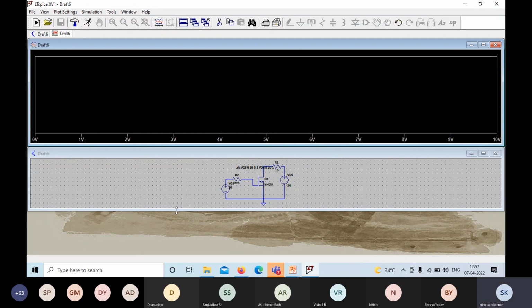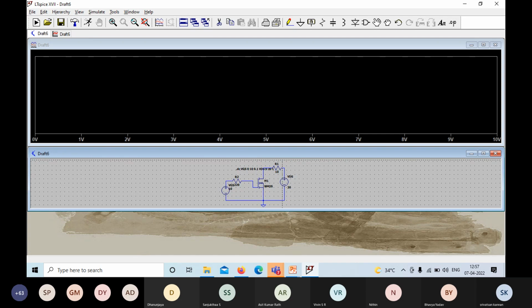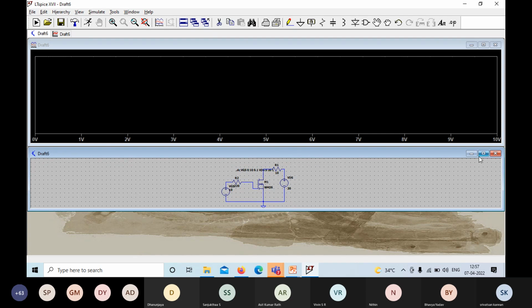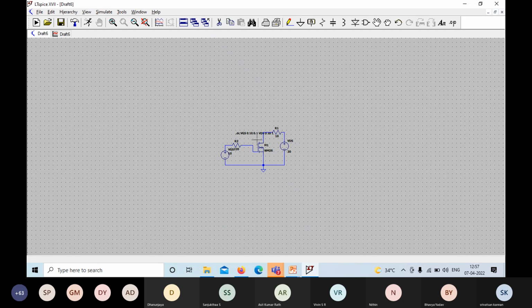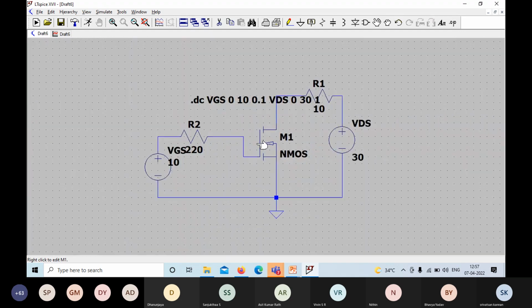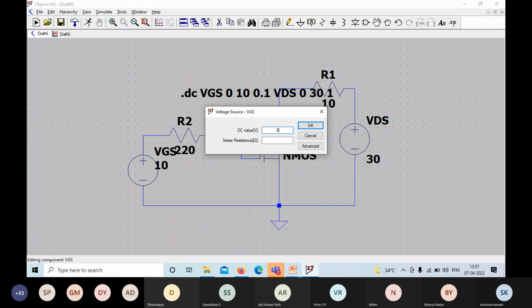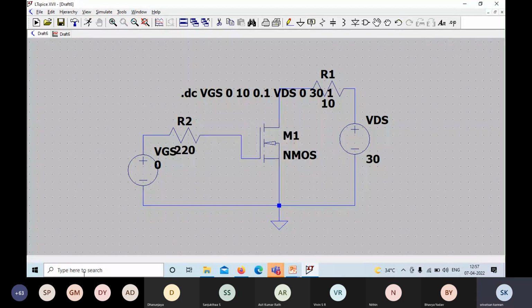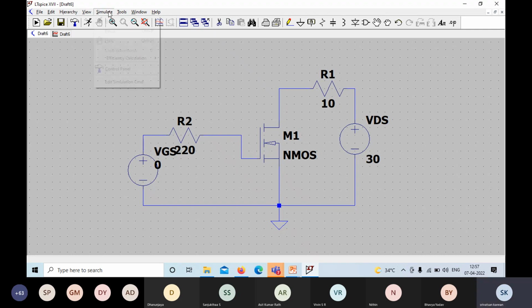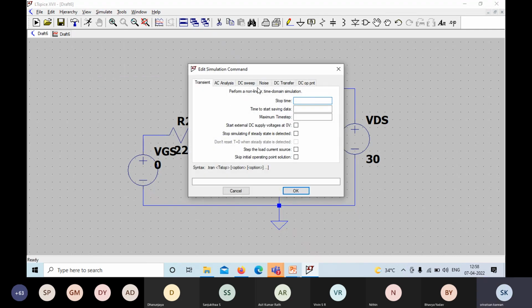Let us make this input voltage 0. Input voltage is 0. So what is the output? For input 0, what is my output? So go to the edit simulation tool. Which analysis do you have to do?